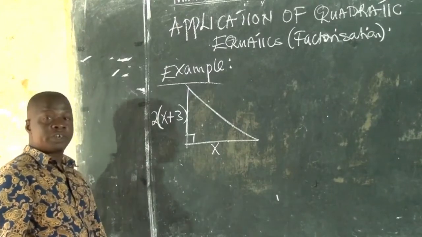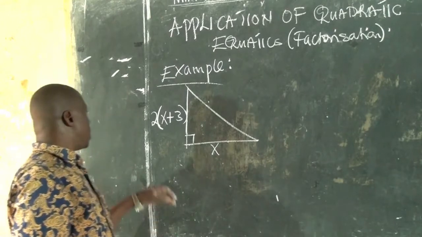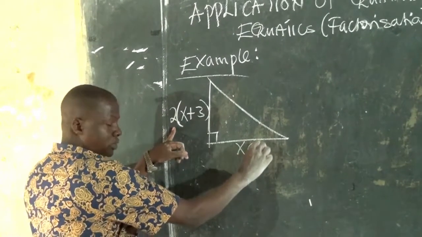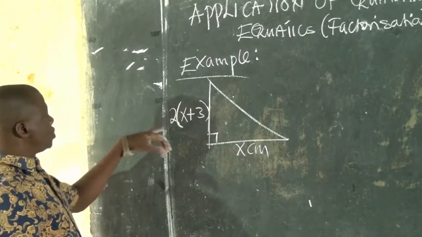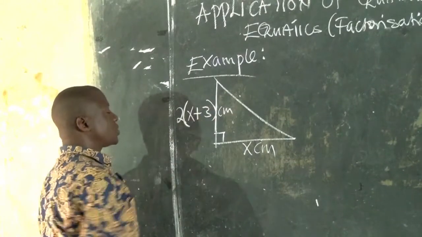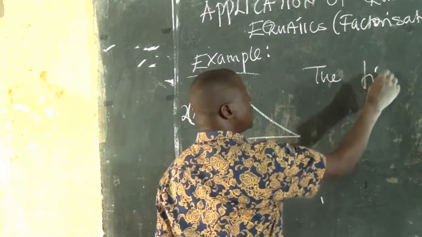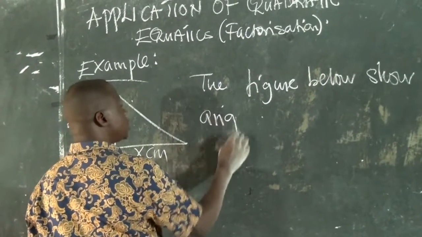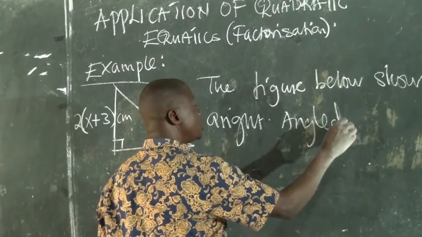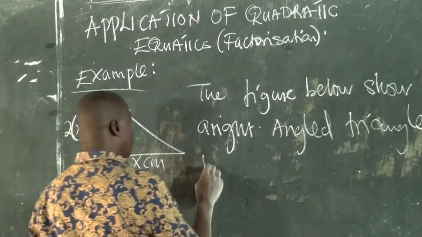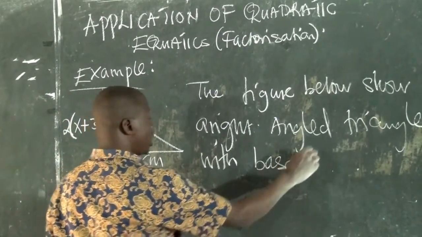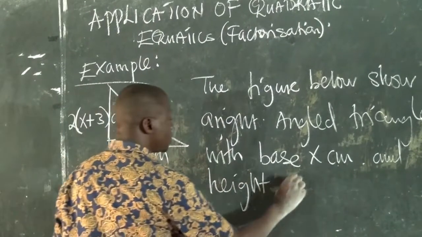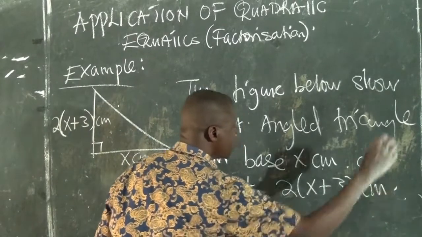The figure below shows a right-angled triangle with a base x centimeters and the height 2x plus 3 centimeters.